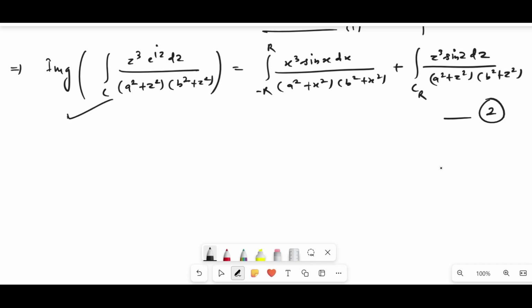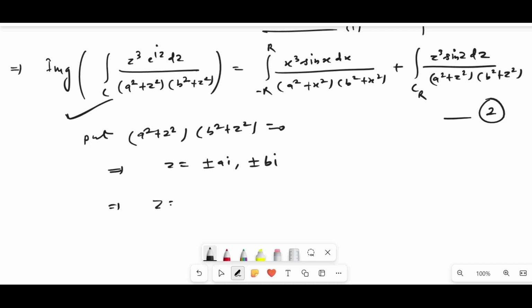Now we will solve this integral on the left hand side by using the Cauchy residue theorem. First of all we need to put the denominator a square plus z square and b square plus z square equal to 0. So from here we will get the values of z as positive and negative ai, positive and negative bi.